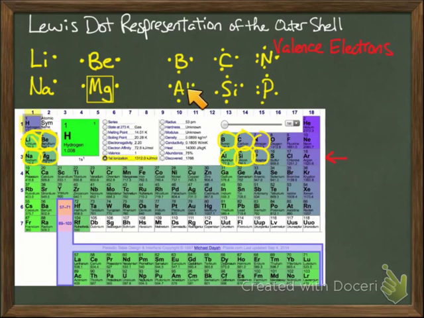When we go across to boron and aluminum, this family here, we see that they have 3, and we expect then that we're going to have also 3 electrons for gallium and indium and so forth. Carbon has 4 valence electrons, as well as silicon, as well as germanium, as well as tin, and so forth.